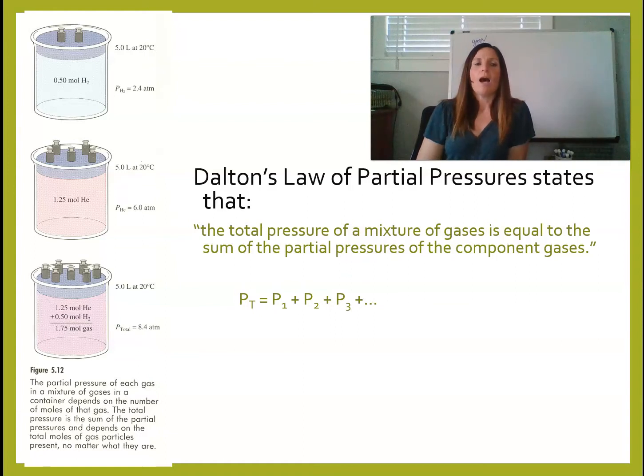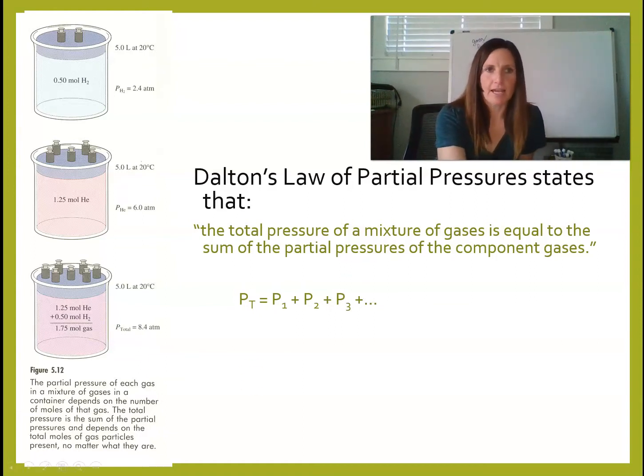Okay, so there's an example over here on the side, and I'd like you guys to follow along with it. So we're just going to get oriented to the example for a second. We have an initial container up here. It's holding 0.5 moles of hydrogen gas, and it's in a 5-liter container, fixed volume, at 20 degrees Celsius, fixed temperature.